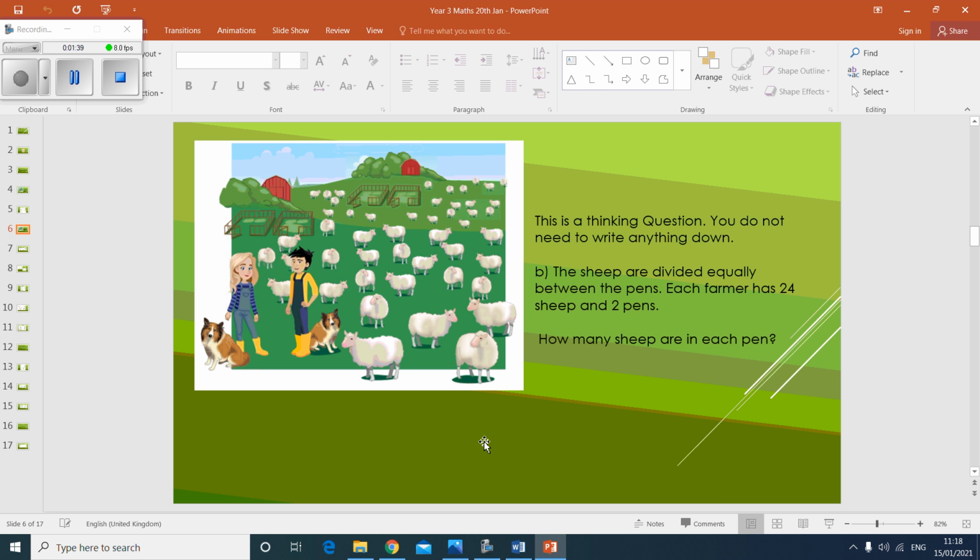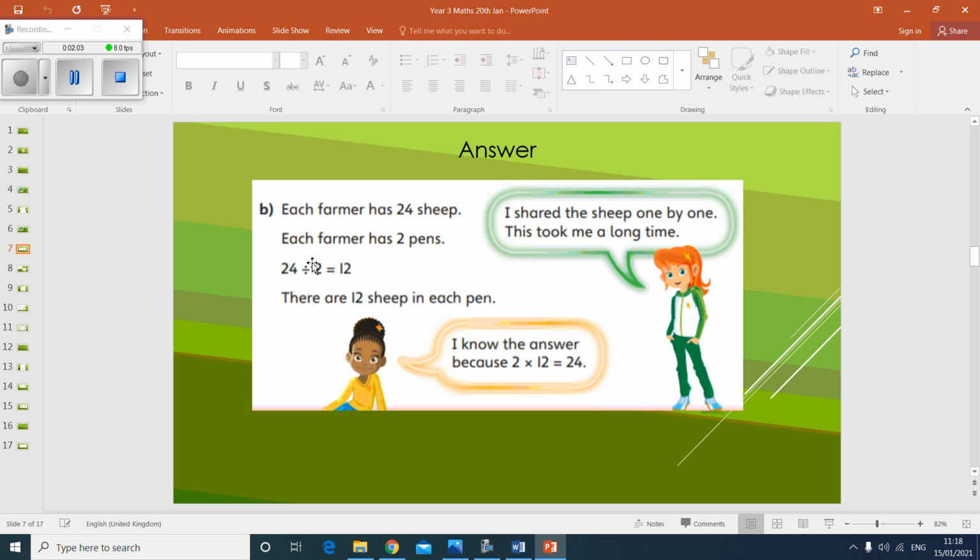Another thinking question. You don't need to write anything down. So now these sheep are divided equally between the pens. So each farmer had 24 sheep and they have 2 pens each. So how many sheep are in each of those pens? So here we have 24 divided by 2, which equals 12.